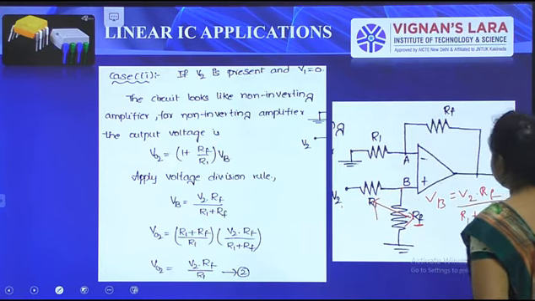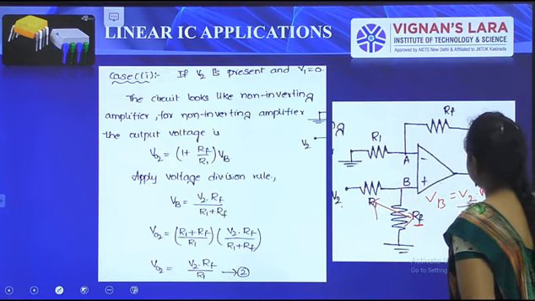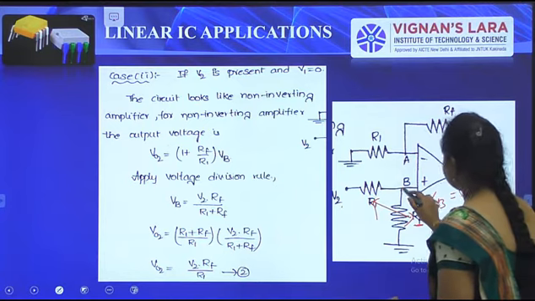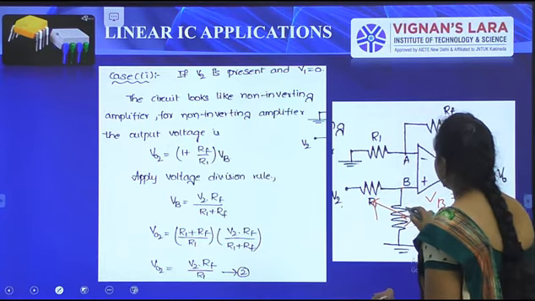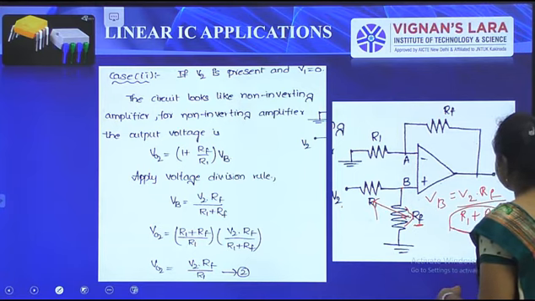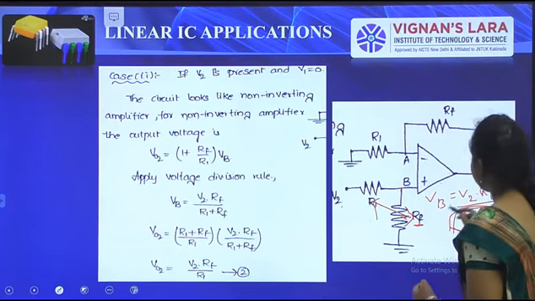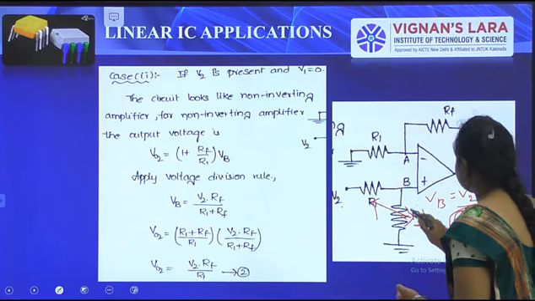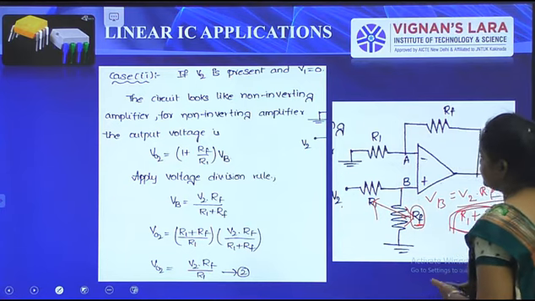From the voltage division rule, VB is equal to V2 into RF by R1 plus RF. The voltage across the component is RF, and the total of the components present in the circuit is R1 plus RF, so the voltage is RF into the voltage across the terminal.